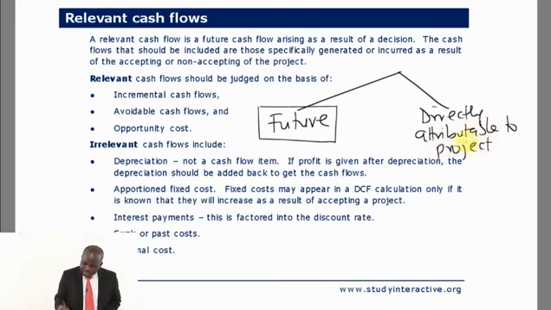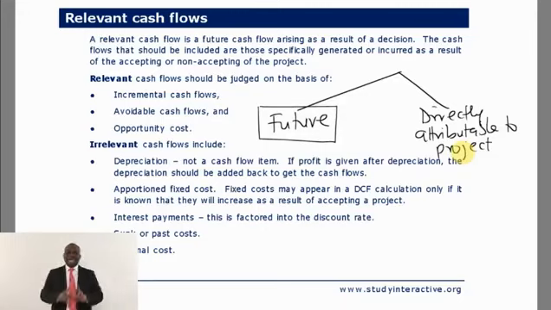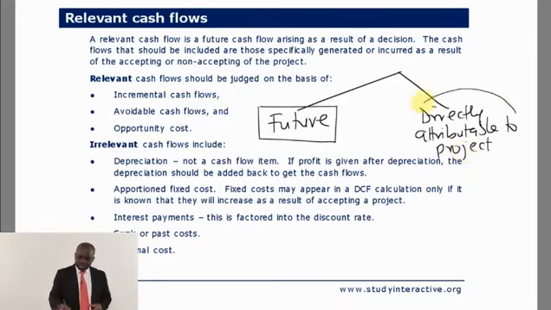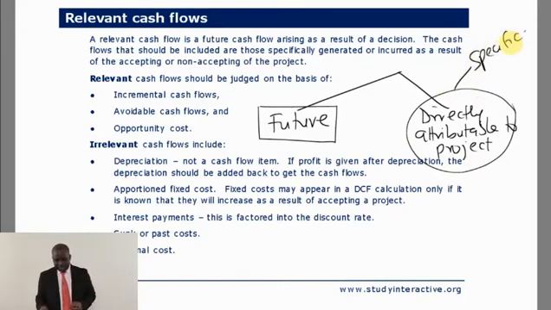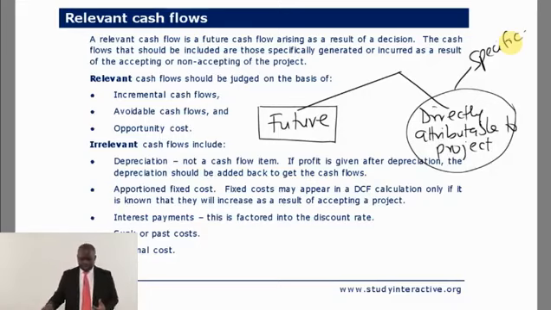It should be directly attributable to the project. It should be incurred or earned specifically because of that project. In other words, it should be specific to that particular project, and that will influence the decision as to whether the project should come in.